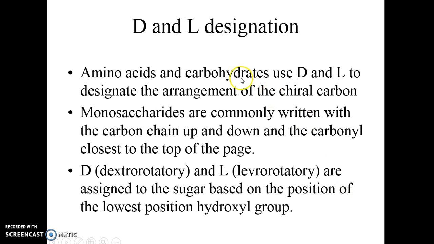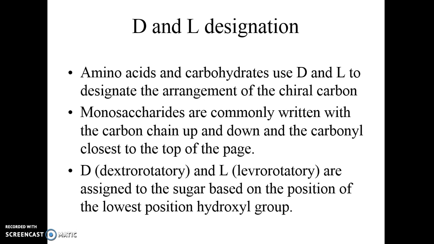Now D and L stand for dextrorotary and levorotary. We identify both our amino acids and our carbohydrates by D and L, but it actually has nothing to do with the way that light is rotated.